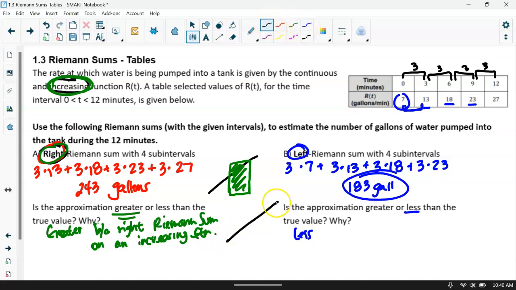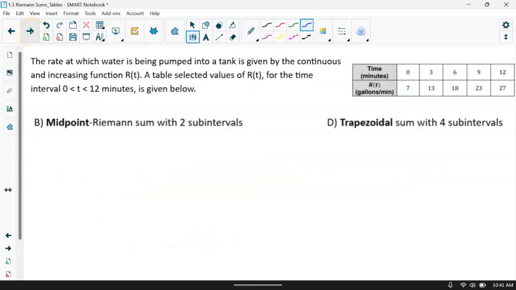And again, if you wanted to see that quick visual, let's say we have our subinterval from here to here. The left on an increasing function, notice, is less than the true value. So now we're going to use the same table, but now using the midpoint with 2 subintervals.